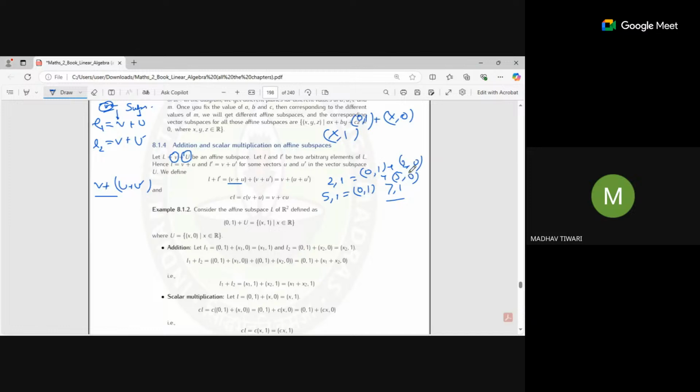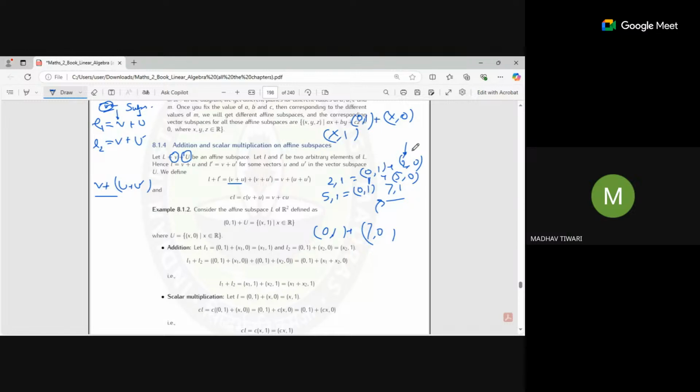You add the subspace parts to get 7 comma 0, and then add the translatory vector to it, so you get 7 comma 1. The translatory vector on addition remains the same. You don't have to add the two translatory points; you just have to add it once after that.